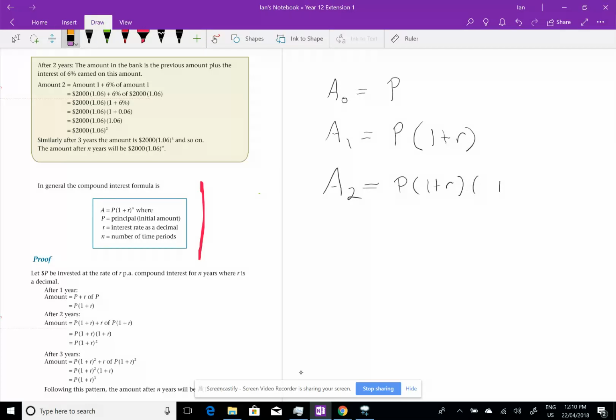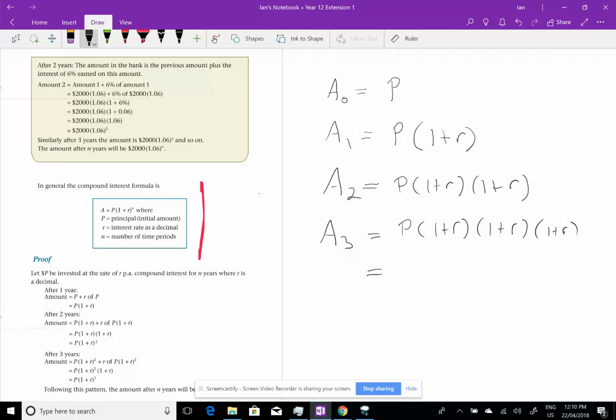So I'm getting interest on the interest. After 3 years, I get that principal, the interest that it's earned, times the new rate, and it just keeps going on.